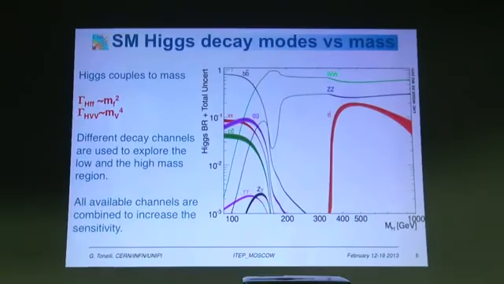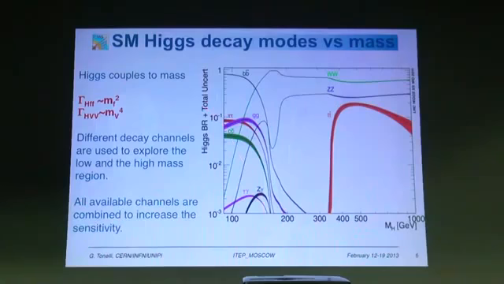Things become even more complicated if you take a look at the decay modes versus mass, where I suggest you just remember a few things. First of all, the theory predicts that the coupling to the fermions goes with the square of the mass of the fermions, while the coupling to the vector boson goes with the 4th power of the mass of the vector boson.